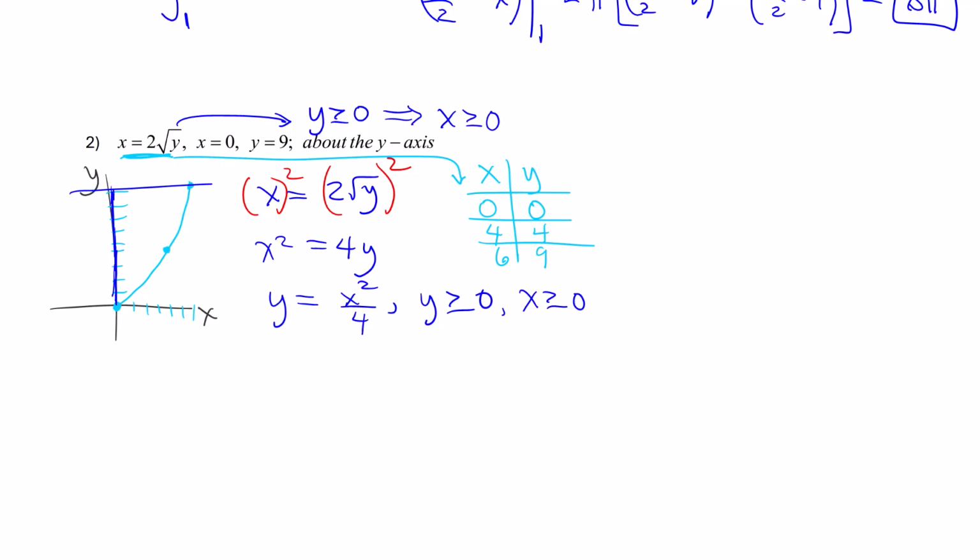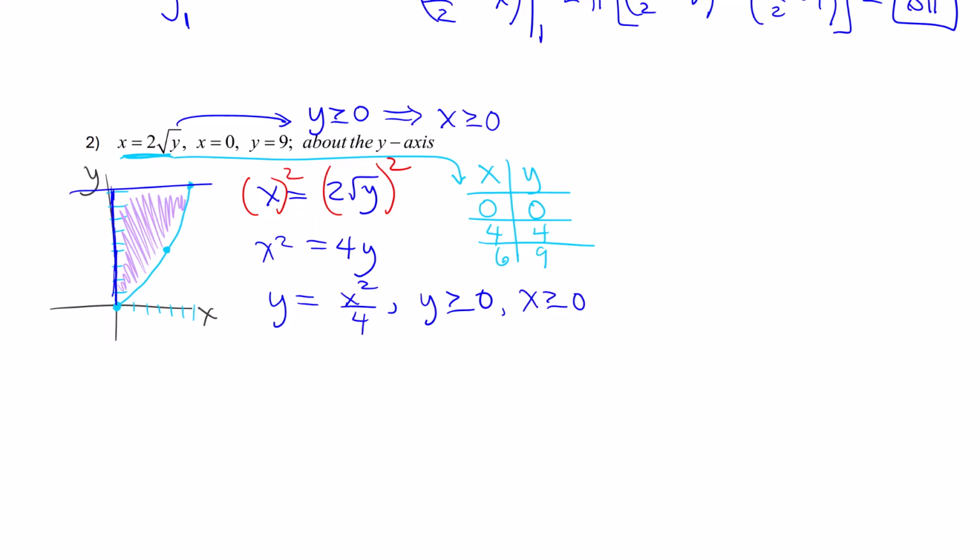So the region we've now formed is what we're going to use to revolve and make our three-dimensional solid. This is like a region that has a boundary of a vertical y-axis, a horizontal line y equals 9, and then this curved right side of it, which is defined by the square root function. Of course, it's reversed, where x equals 2 square root of y.